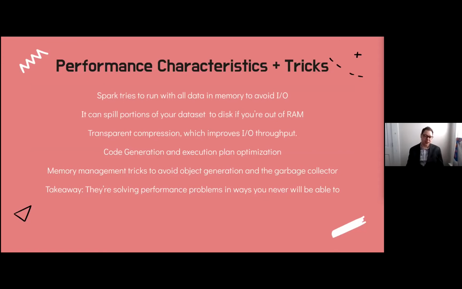It transparently uses data compression. So if your data is in a compressed format, like Parquet, which is compressed, Spark will transparently decompress that data and work on it for you, which improves I/O throughput.